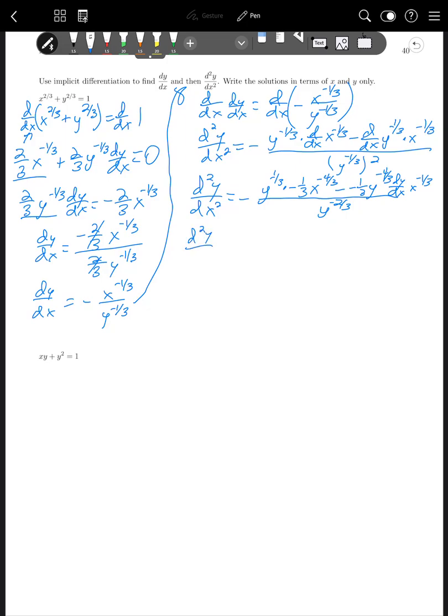So d squared y over dx squared equals the opposite of negative 1/3 y to the negative 1/3 x to the negative 4/3 plus 1/3 y to the negative 4/3 times negative x to the negative 1/3 over y to the negative 1/3 times x to the negative 1/3, all over y to the negative 2/3.